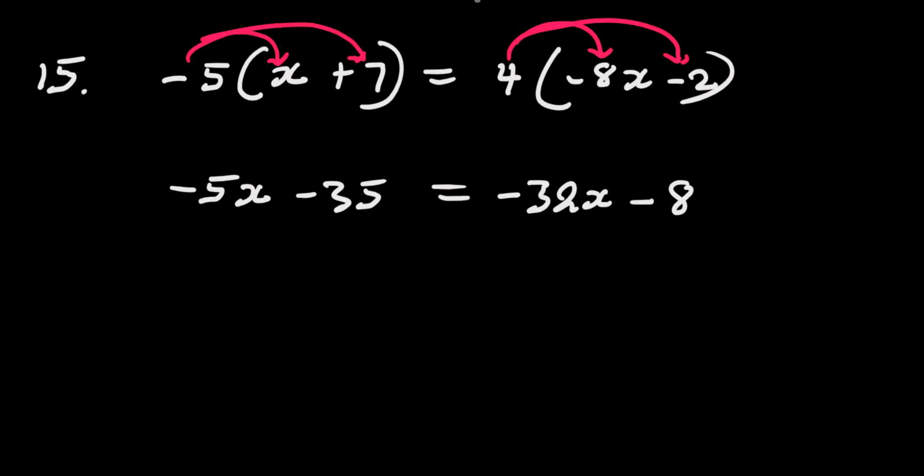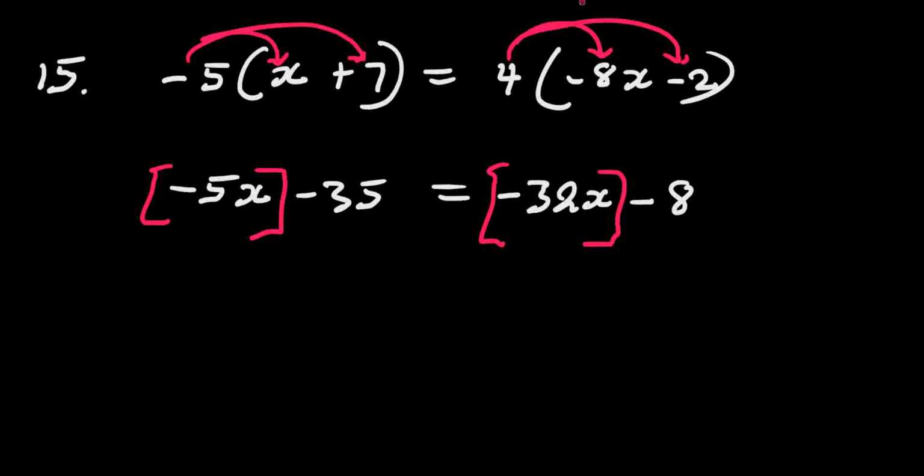So now you can see we have x on both sides. This is negative 5x and this is negative 32x. So now we can add 32x to both sides or add 5x to both sides. Any of them works.